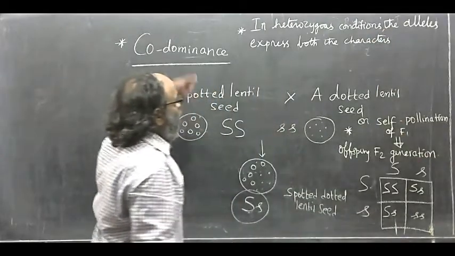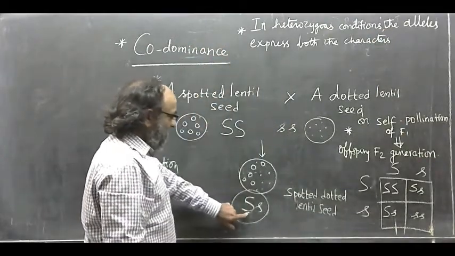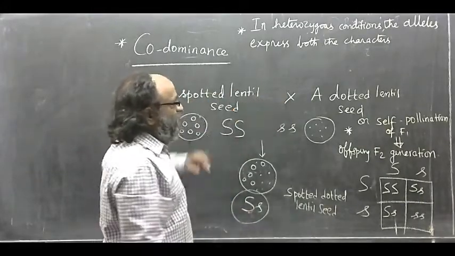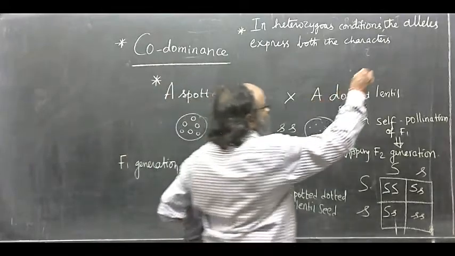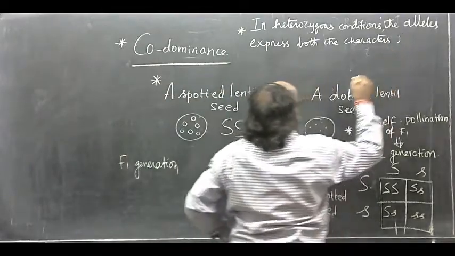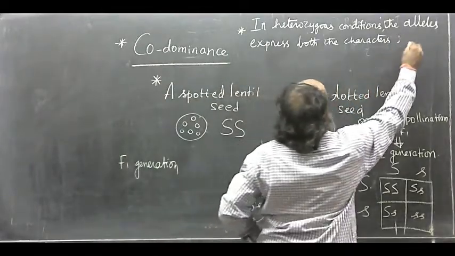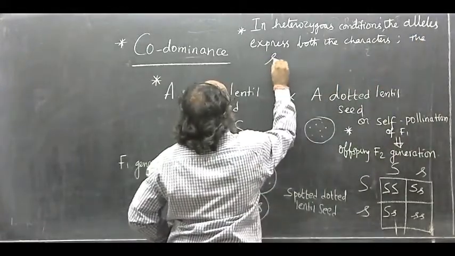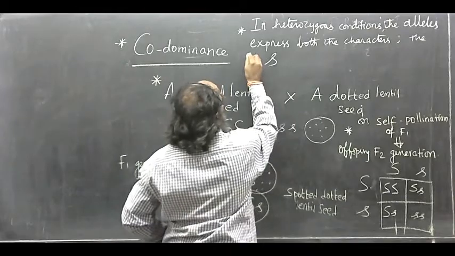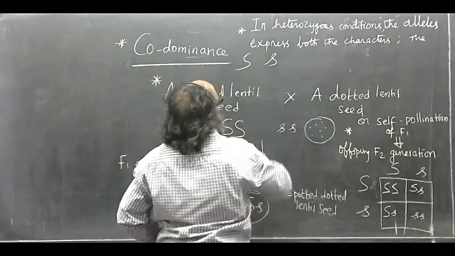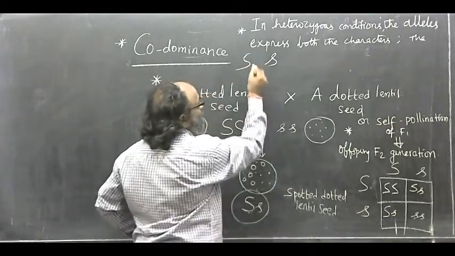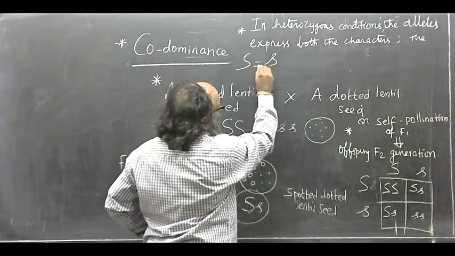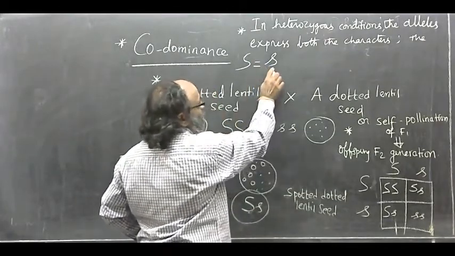That means the allele capital S is equally dominant with small s.